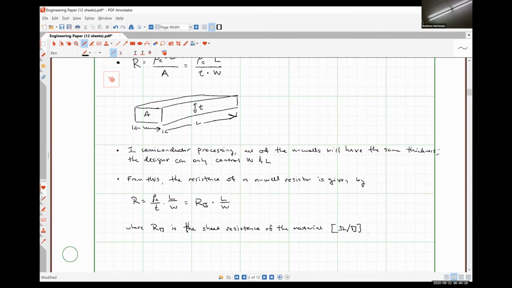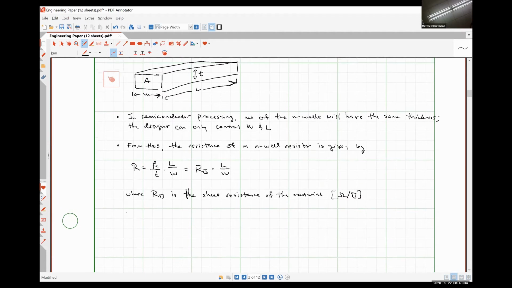All right, so our sheet resistance is dependent on the process node, meaning it's determined by the manufacturing process, and we don't really, as designers, have any say within that particular process node to change the sheet resistance.